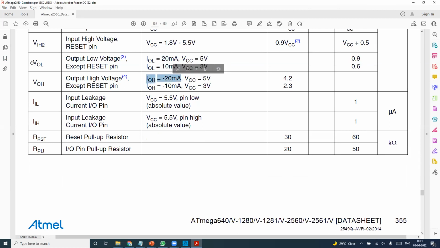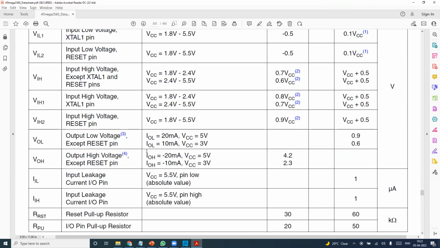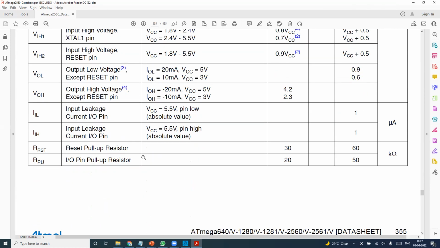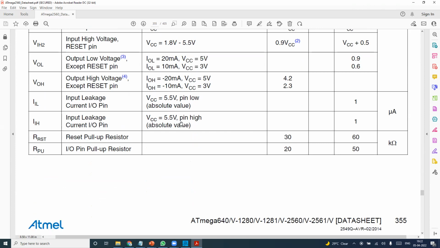You have to remember only this. VOH: O means output, L means when it is low. What is the voltage? It will be 0.9 or 0.6. This is called IIL, IIH, the input current. How much? 1 microampere. Input current is literally nothing because these are all CMOS devices. This is the only information they give.